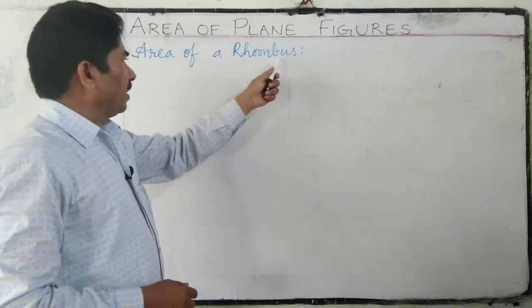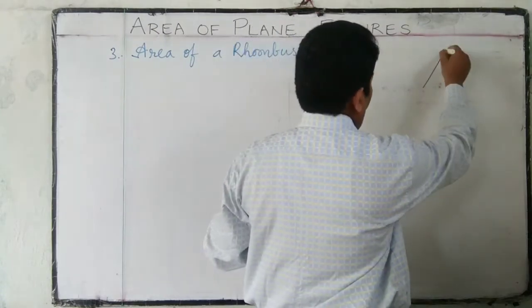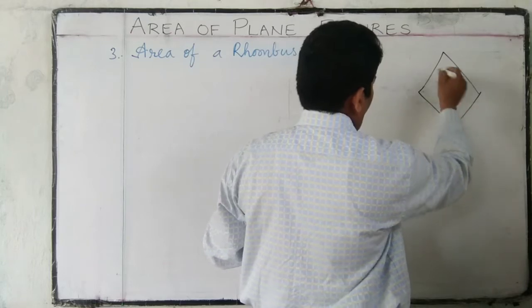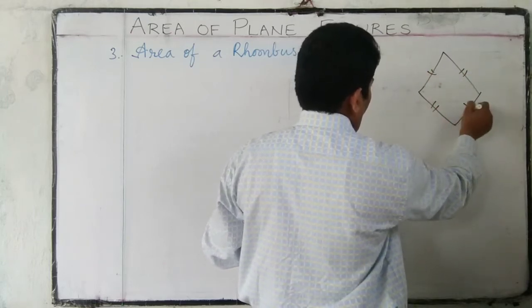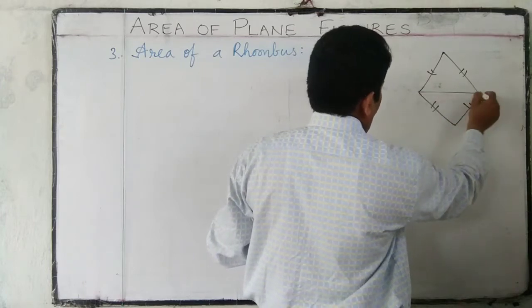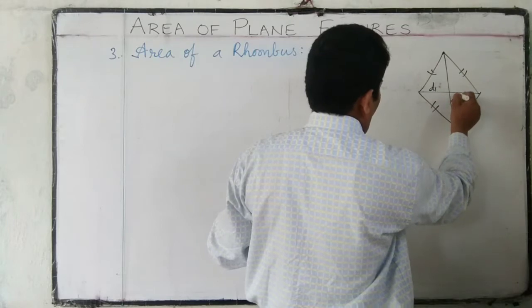Area of a rhombus. To understand this, first draw a figure. This is a rhombus, all sides equal, and these are diagonals but not equal. This D1, D2.